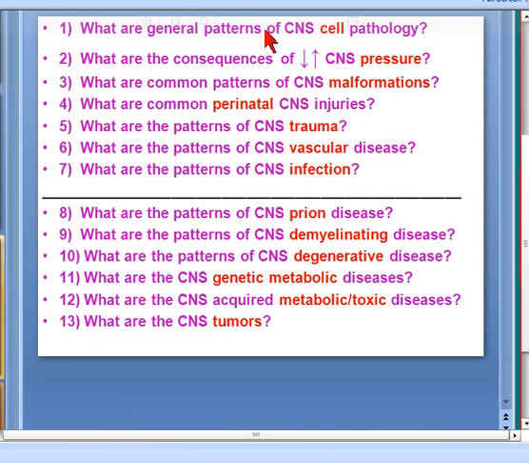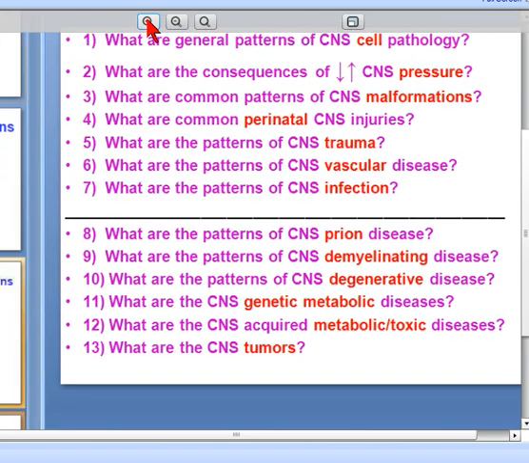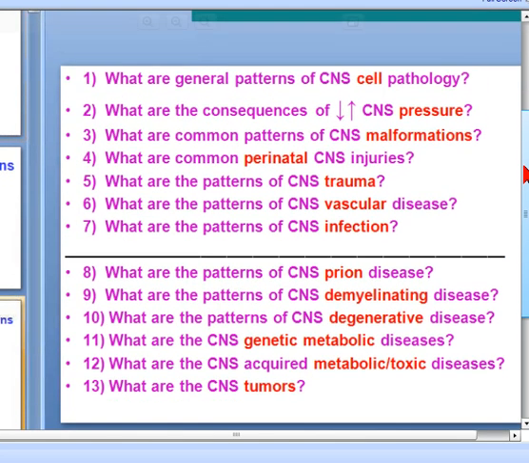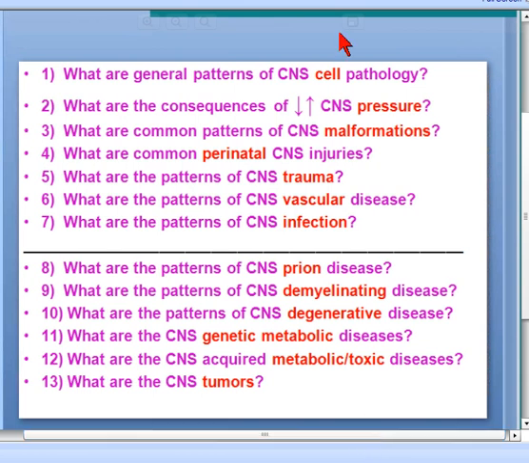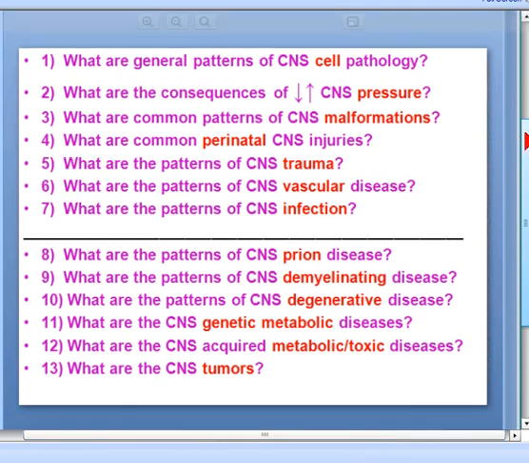And then on the last pathology day of the world, which will be Thursday, we'll deal with the little more exotic type diseases like prion diseases, demyelinating, degenerative disease, some of the more interesting but common diseases.